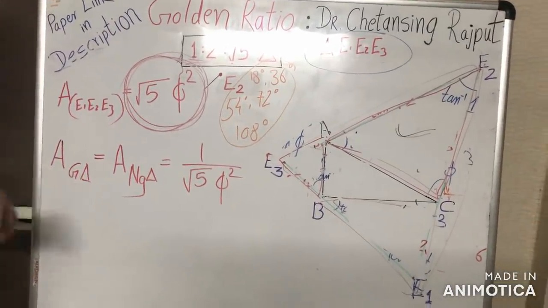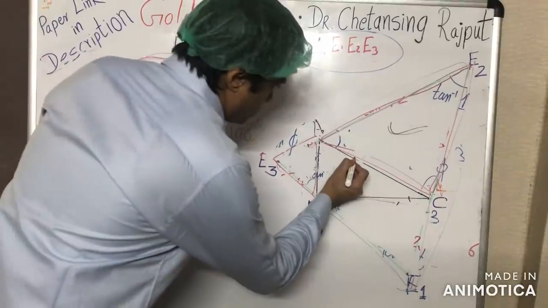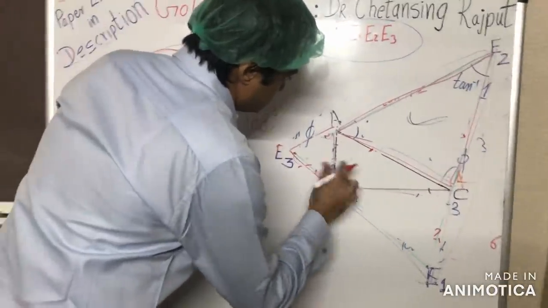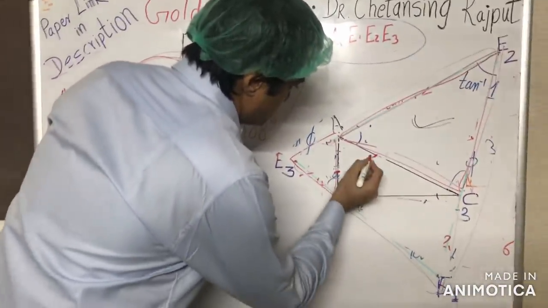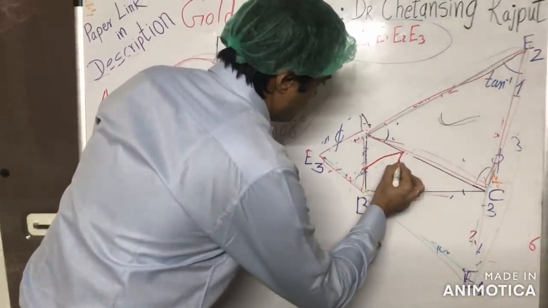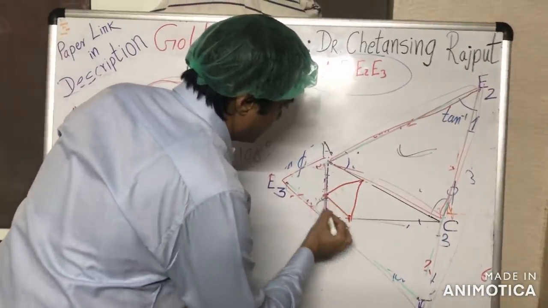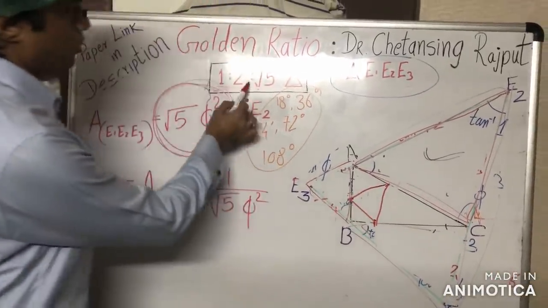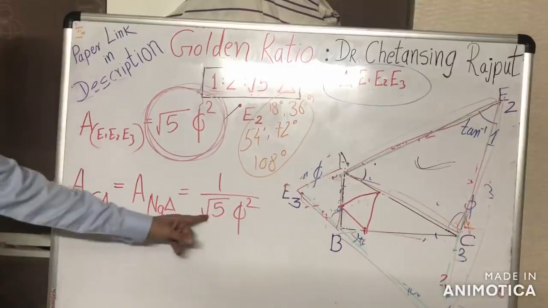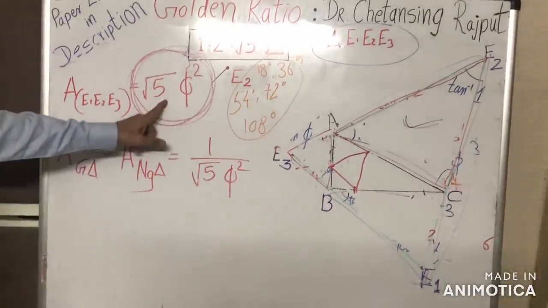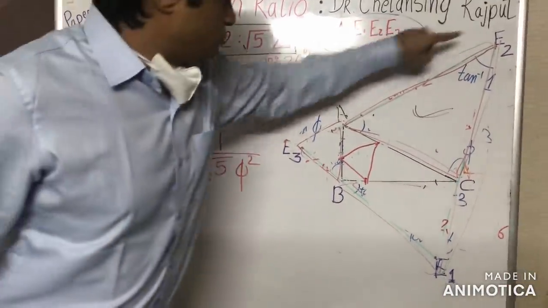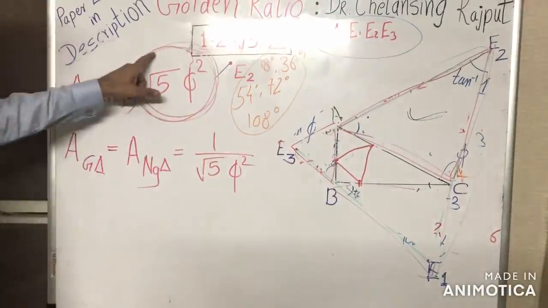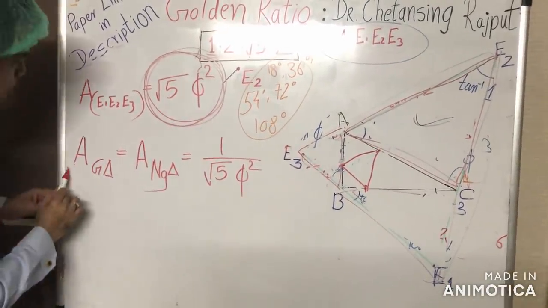You must know about the Gergonne triangle. The Gergonne triangle is formed by the three in-touch points, the three points where the incircle of the triangle touches the sides. The area of the Gergonne triangle of the 1 to root 5 triangle is the inverse of this value, which is the area of the larger excentral triangle.